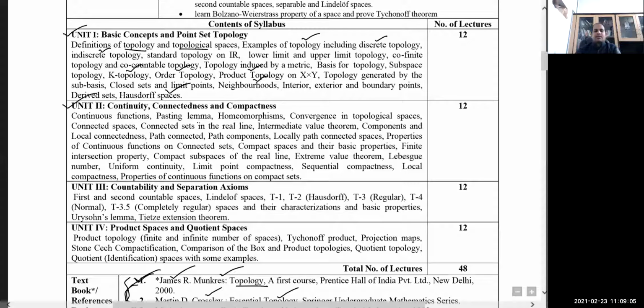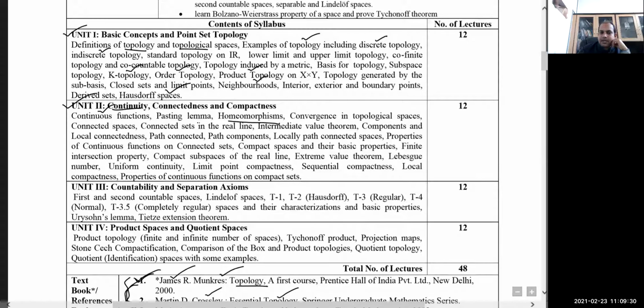Unit 2 is continuity, and after continuity of functions, we will study homeomorphism. This is an important property. After continuity, we will study homeomorphism and those properties which are preserved under a homeomorphic map.